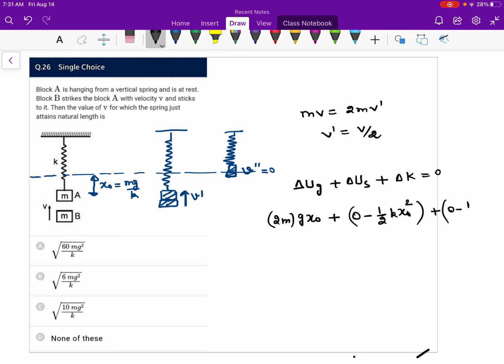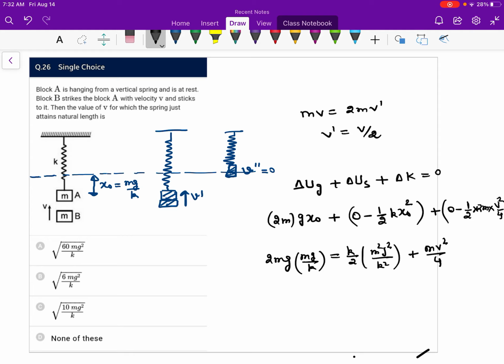Delta K is 0 minus half 2m into v dash square, which is mv square by 4. So 2mg x naught, which is 2m square g square by k, is equal to k by 2 x naught square, which is m square g square by k square, plus mv square by 4.